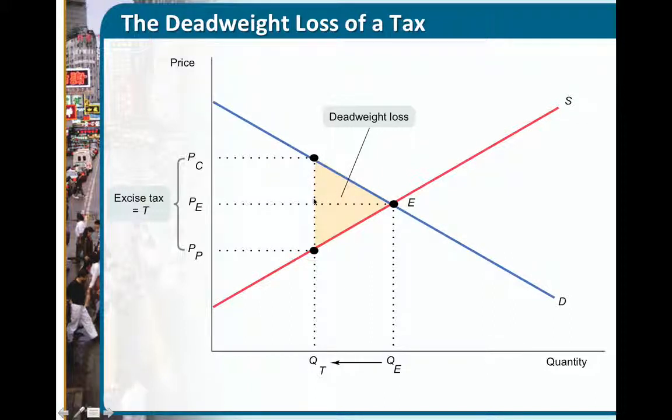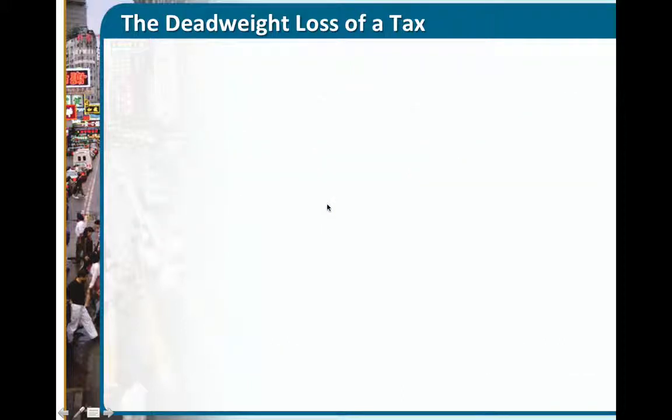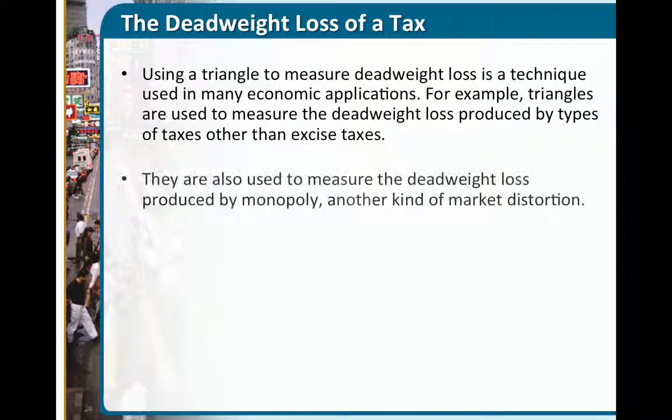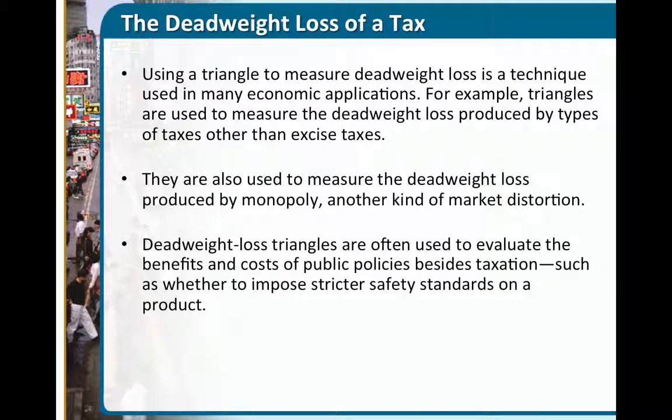So if you take that height and this width, and then half of that, and then double it, so you don't even have to halve and double it because you have two of the sides, you'll get that deadweight loss and calculate it. You'll see this deadweight loss triangle in further chapters, including monopolies, which we'll get to later in this semester.